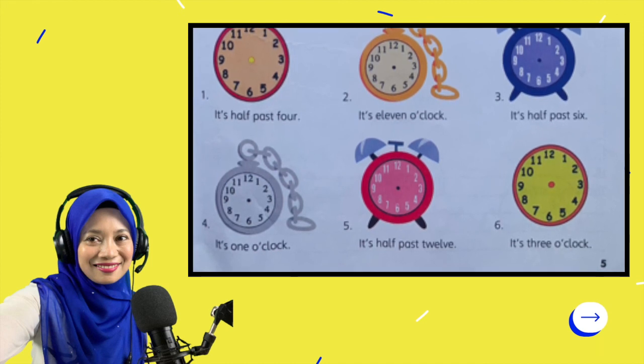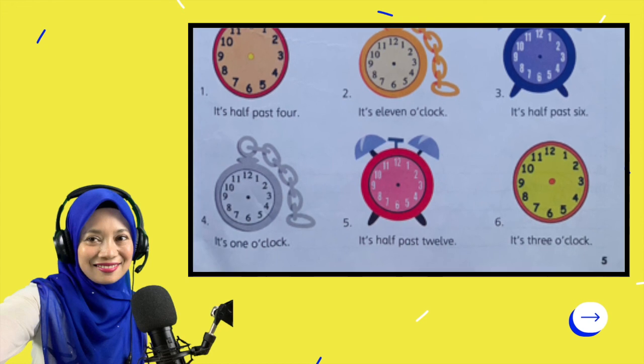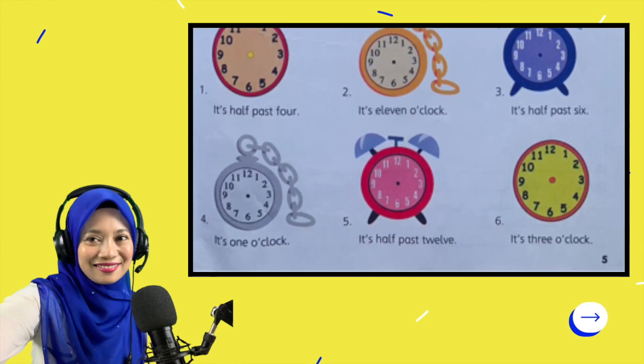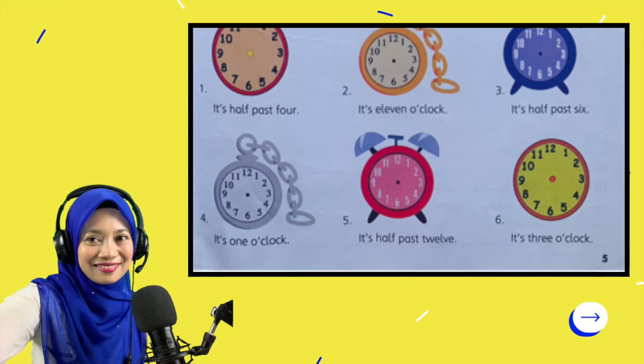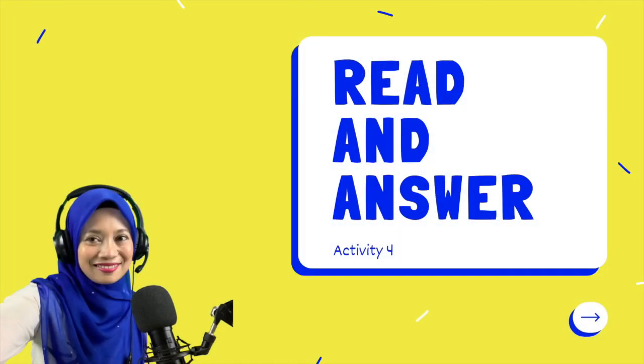It's easy, right? You can continue for number 2, number 3, 4, 5, and 6. You better read the sentences before you draw the clock hands, okay? Okay, all the best now.